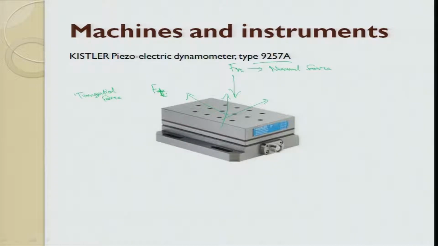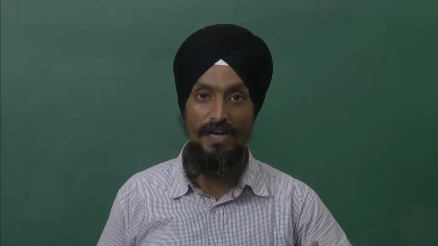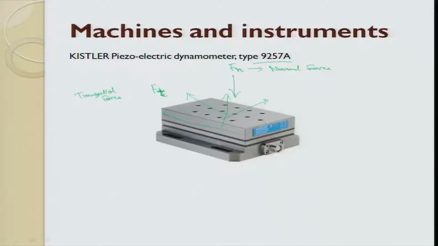So this dynamometer is calibrated before we do machining. Everything, machine, parameters or every instrument which you use has to be calibrated, because these are experiments and they have to be in a controlled environment. So while doing calibration, we put a belt over here and apply a known weight.